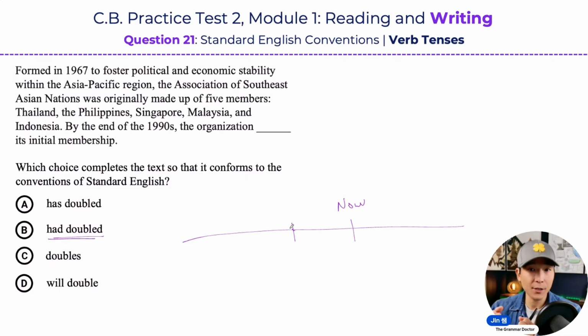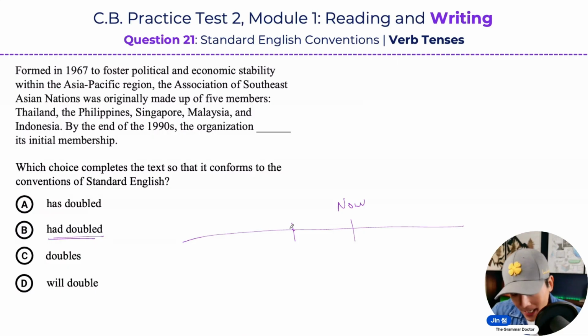Which event occurred first? Did my arriving occur first or did the plane taking off occur first? The plane taking off occurred first. So you want to say the plane had taken off before I arrived, because it was already gone by the time you got there. That's how you would use past perfect.